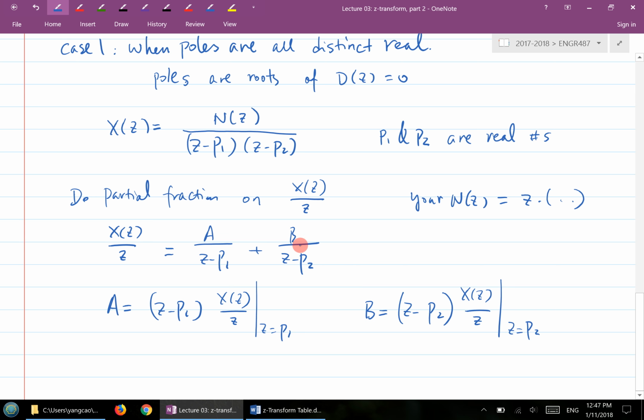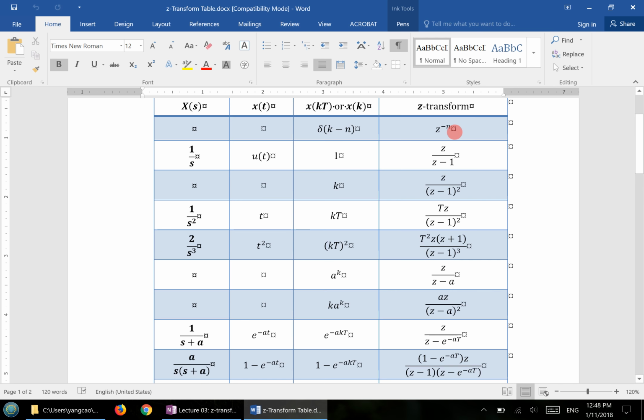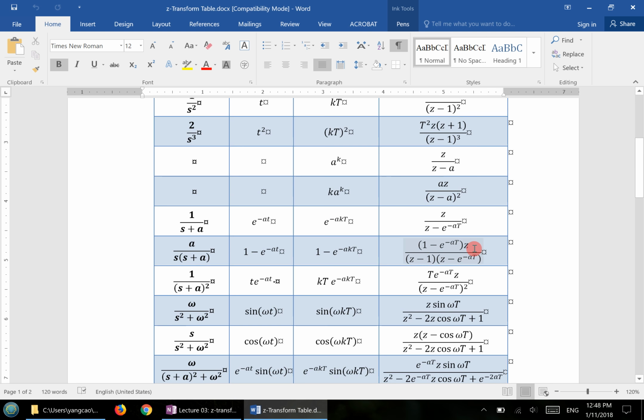Maybe 1 or 2 or whatever, you put it here. Now if you look at the z transformation table, at all the simplest formats in the last column, what is the commonality if you look at the numerator? Can you see that? There is always a z term in the numerator.